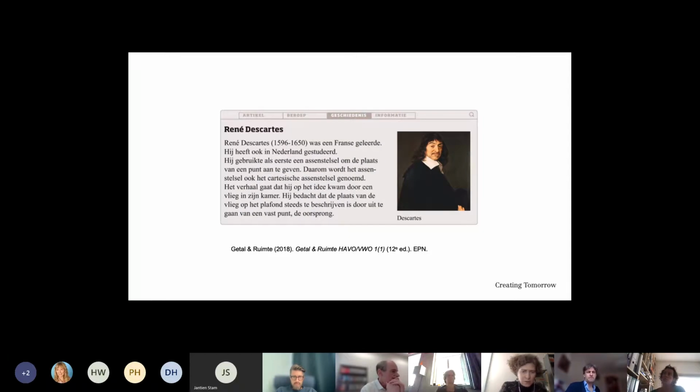This is a very typical example of how history of mathematics is presented in the series Getal en Ruimte. There they have these little boxes. It shows at the top that it's a historical bit. And here we have some biographical information on René Descartes. When did he live? And some anecdote on the fly on the ceiling that led him to create the coordinate system.